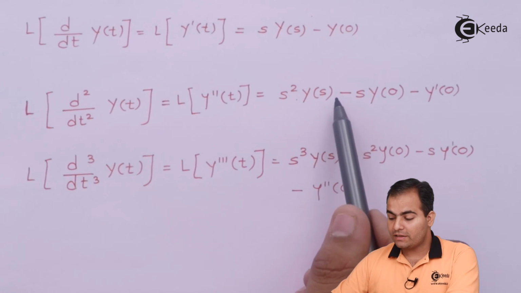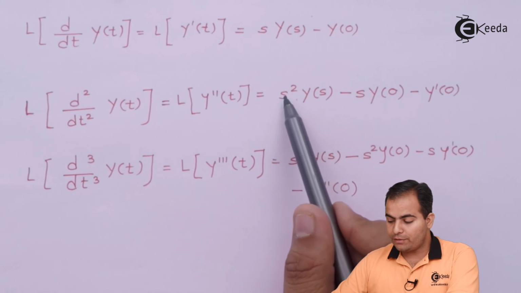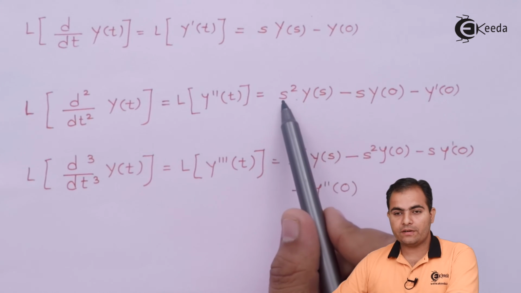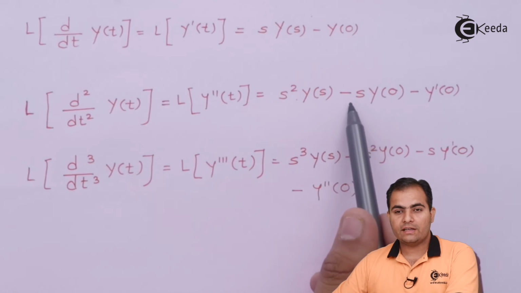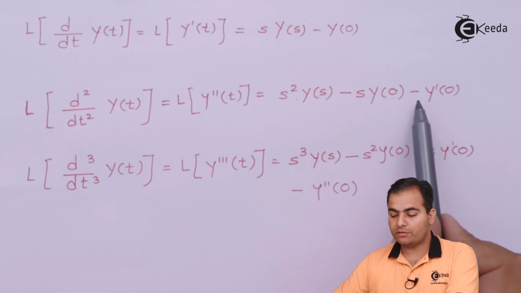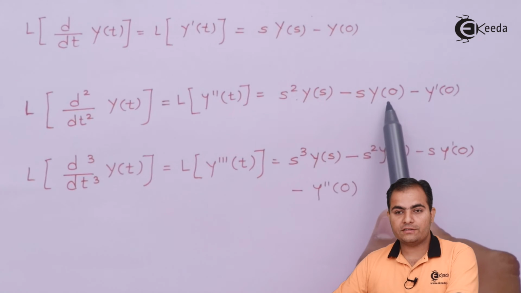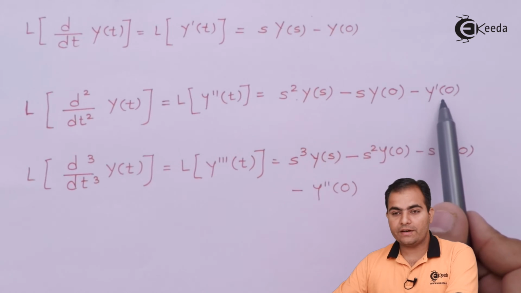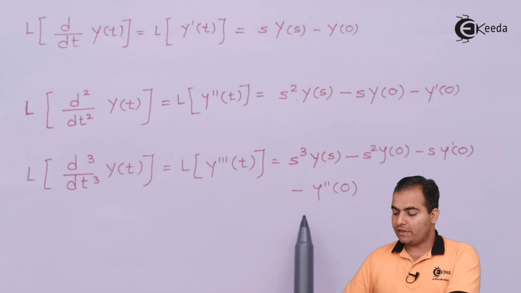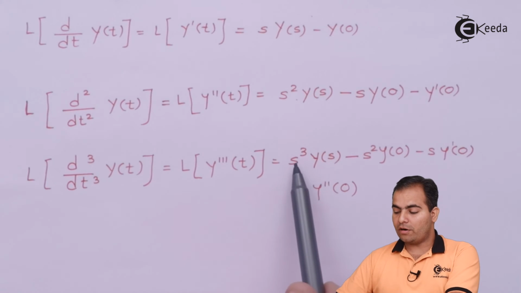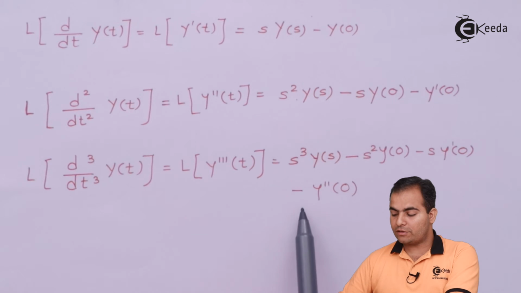And the next part is that we reduce the order of s: first we have s square, then s, and the last one is s to the power 0. But till then we have to differentiate this function, so at the end we get y dash. In this last term, the order of s is going to reduce till s to the power 0.